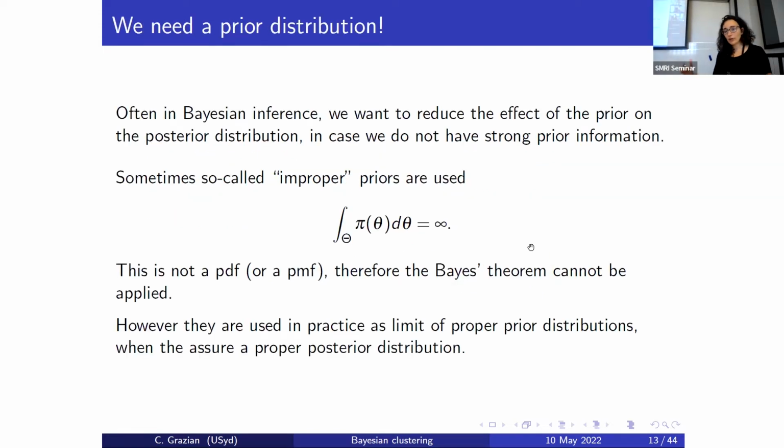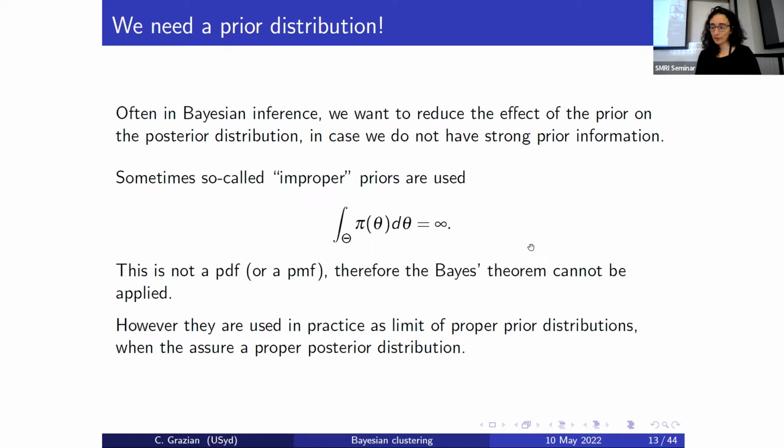So it is important to reduce the effect of this prior distribution on the definition of the posterior distribution, that is, to reduce the amount of information that we give a priori, so that what we observe is not overwhelmed by that. And one possible solution is to use what are usually called improper priors.